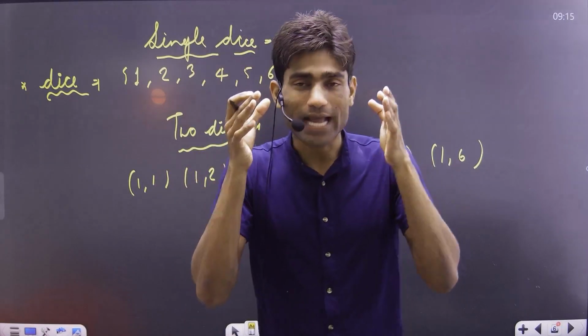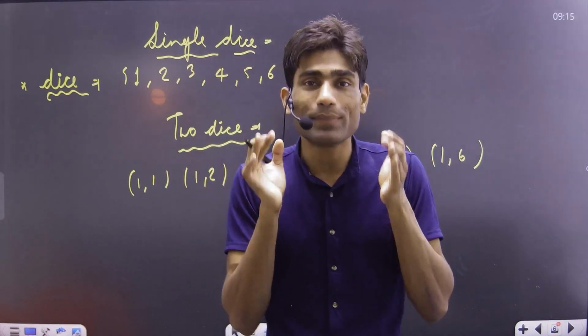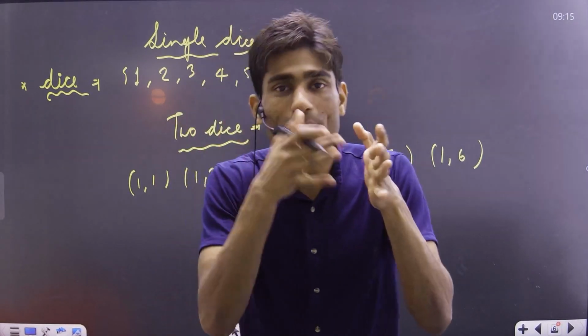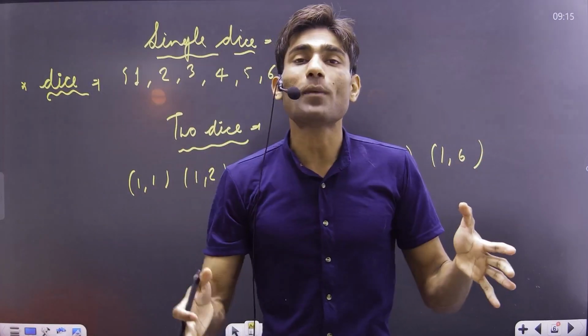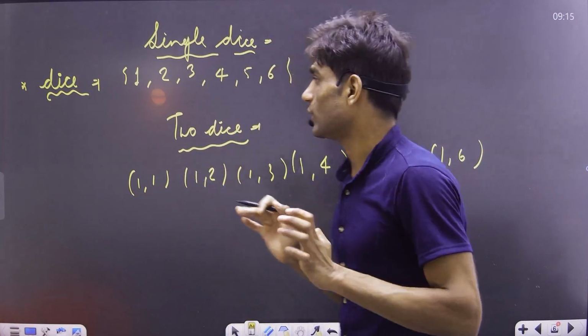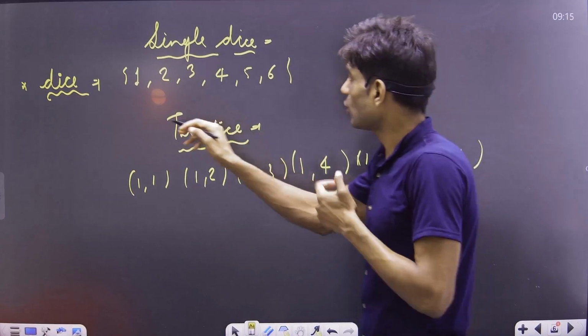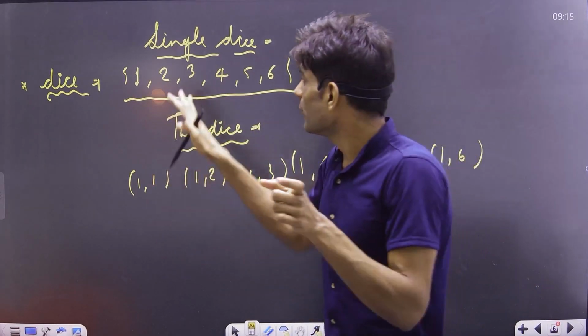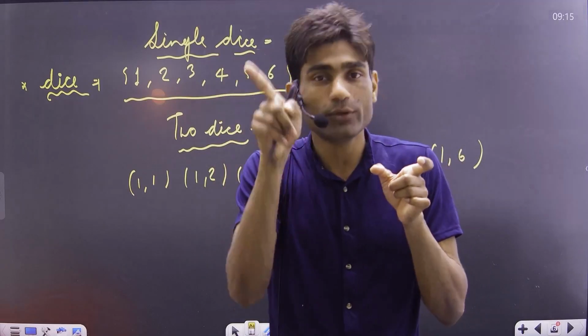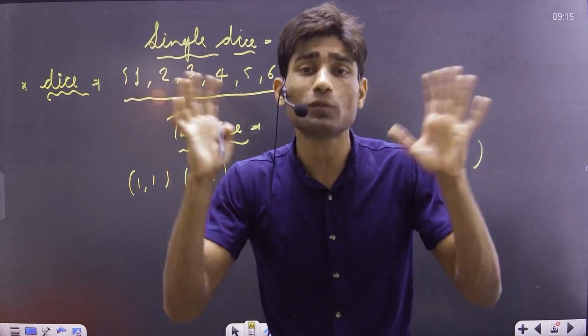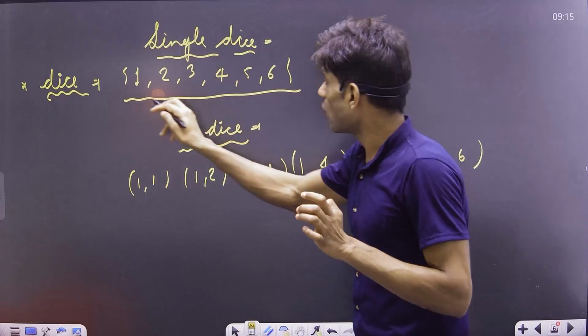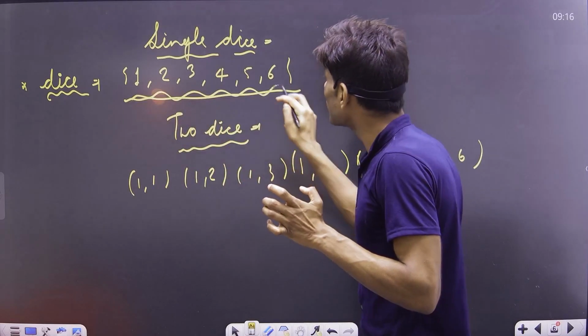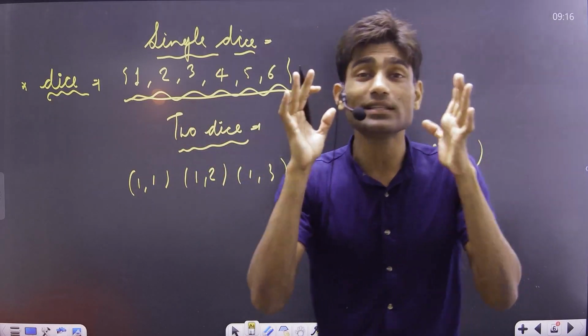Sample space is defined as the total set of outcomes. Now we have a total of 6 outcomes when we toss a single dice. So this one is our complete sample space.